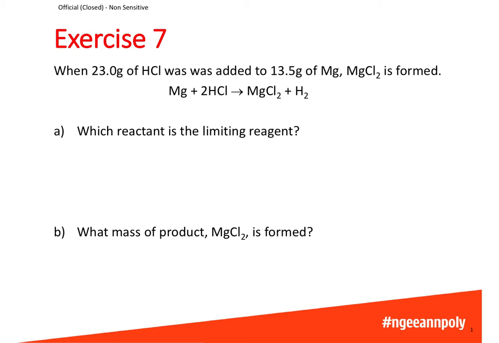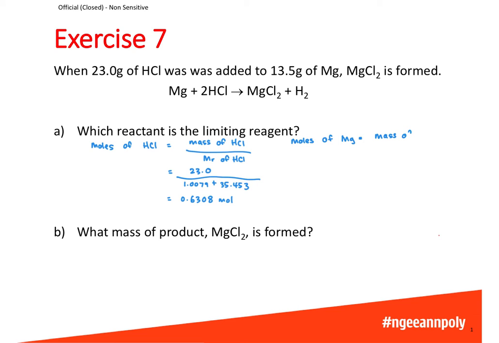Since we are given the mass of each reagent, we can find the number of moles by taking mass over Mr. After calculating, we get 0.6308 moles of HCl and 0.5554 moles of magnesium.